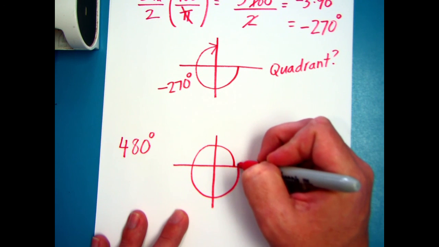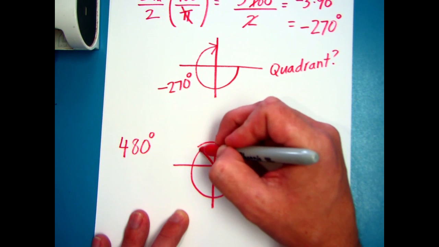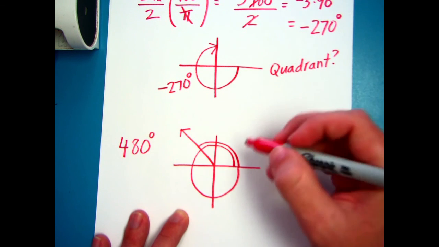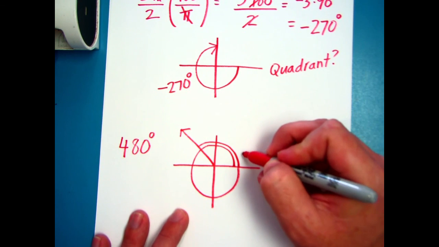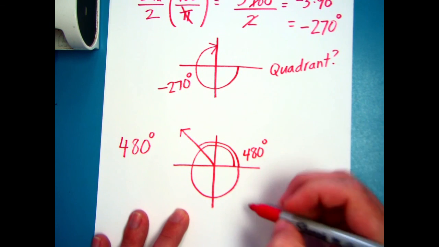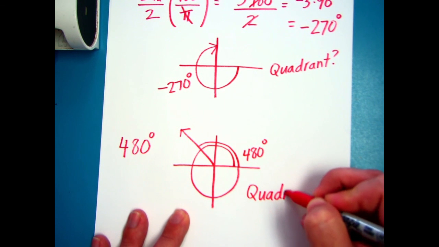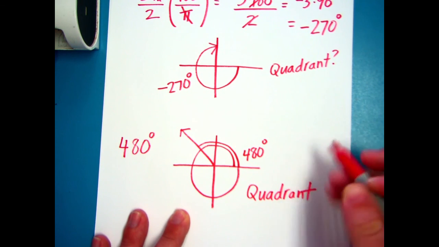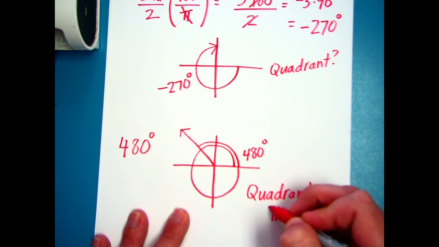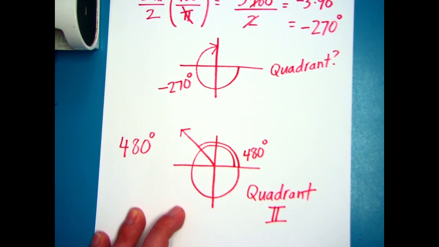Well, anything past 360 kind of just repeats. 480 is 120 past 360. So go 120 past 360. That puts you in quadrant 2. So 480 is one full circle plus an additional 120 in quadrant 2.